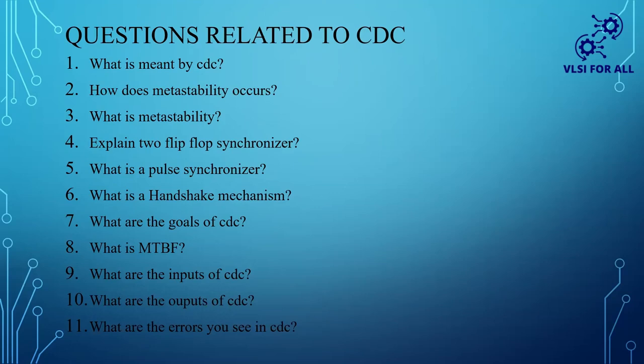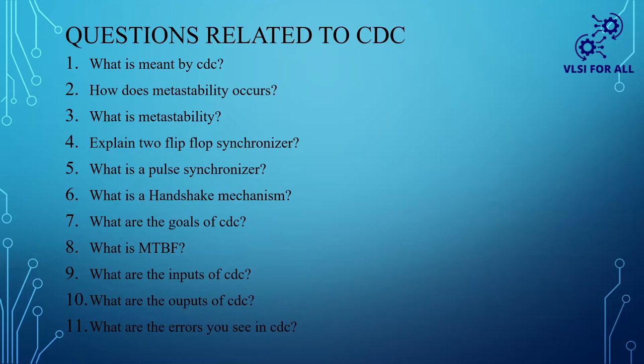A simple relevant answer. Next, how does metastability occur? Metastability mainly occurs because of asynchronous clocks. When an asynchronous clock is transferred from one domain to another domain, they have a different phase relationship, and there will be some timing violation.